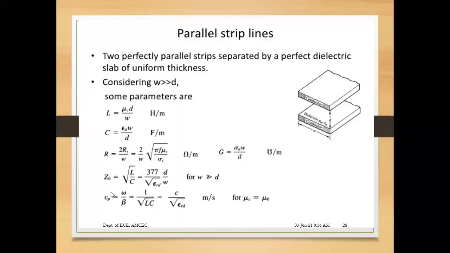Z0, that is the characteristic impedance, root L by C. Thus, you have to derive it. The derivation is just you have L by C. We'll look into it. First, write down these equations.